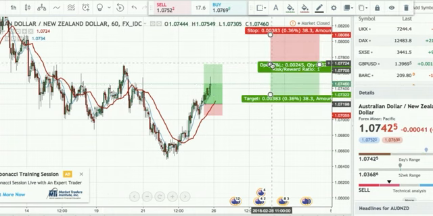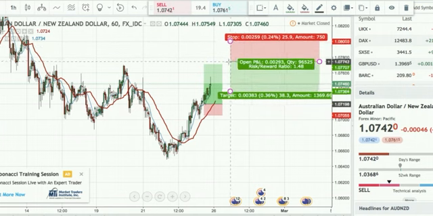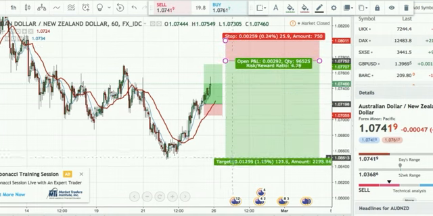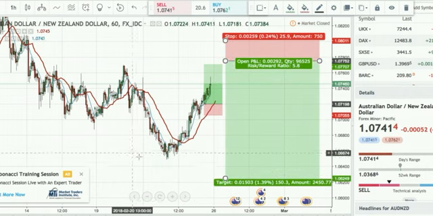So this is definitely a key rejection zone right here for Aussie New Zealand dollar. We should be looking at taking shorts back down to create new lows of around 106.20.